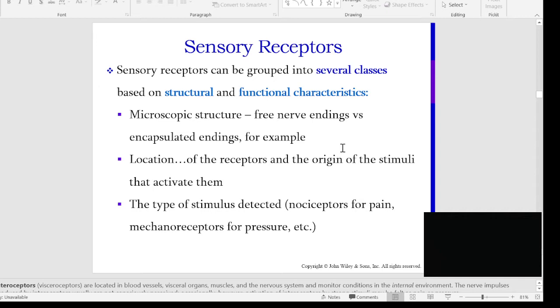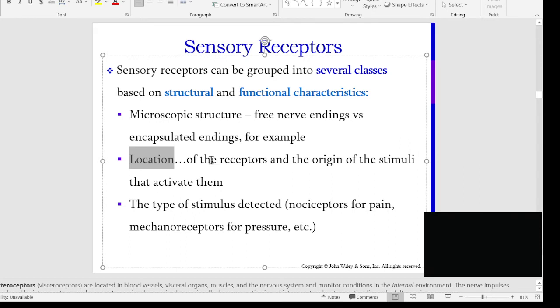So, locations, no? So, gaya sa microscopic structures, free and encapsulated and unencapsulated. Sa locations kung asa sila makita.